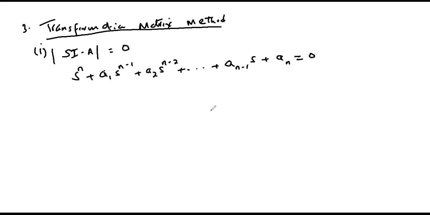So we expand the characteristic equation of the matrix A, the determinant of sI minus A equals 0, to obtain a polynomial in S with the coefficients a i.